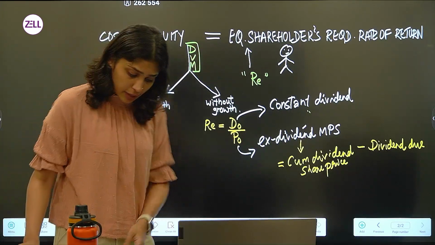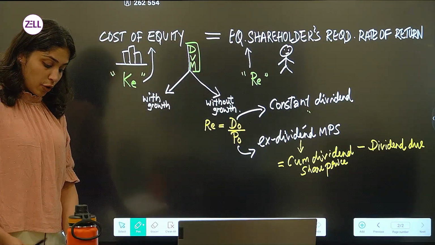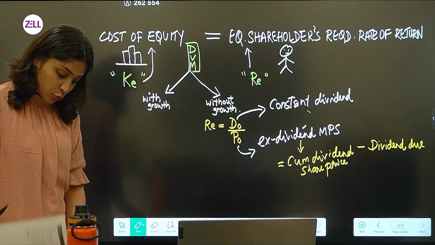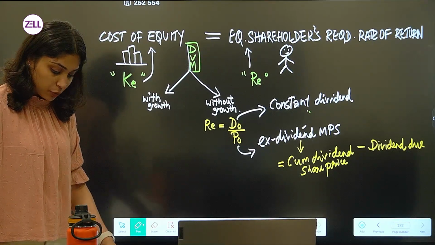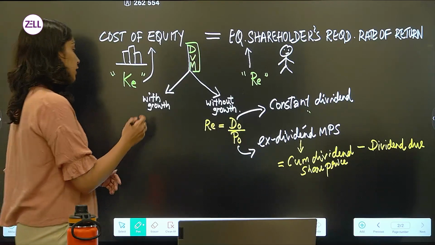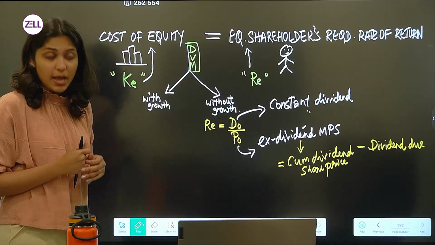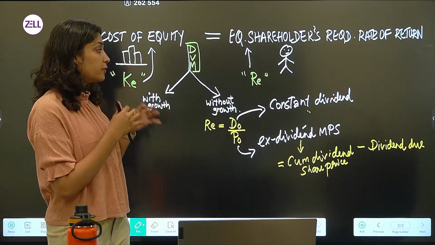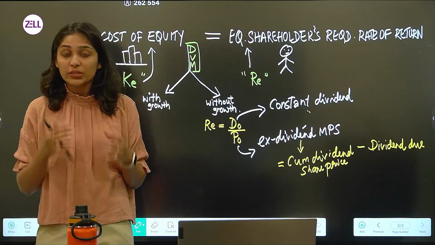On the other hand, we also have the formula which is very important, where we are going to talk about dividend valuation model with the growth. Okay, this is quite important. And how do you calculate your dividend valuation model with growth?